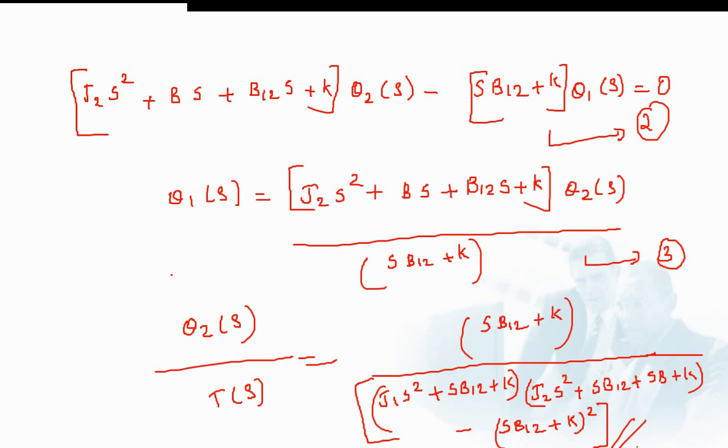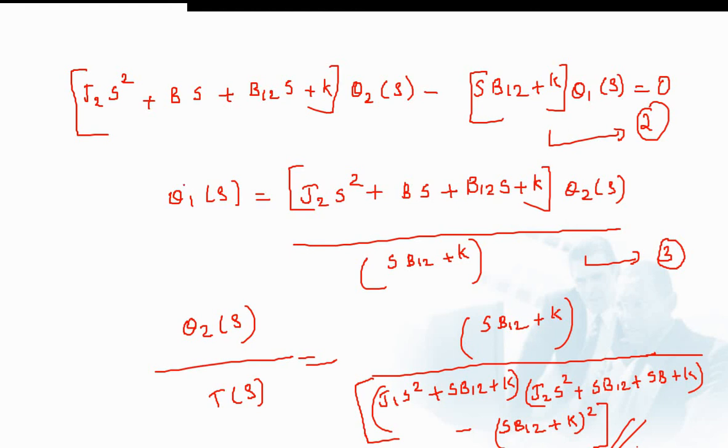And if you want to write the transfer function theta 1 of s divided by T of s, then you have to write an expression for theta 2 of s. From equation number 2, you have to write an expression for theta 2 of s in terms of theta 1 of s and substitute it in equation 1. Then you can write the transfer function theta 1 of s divided by T of s.